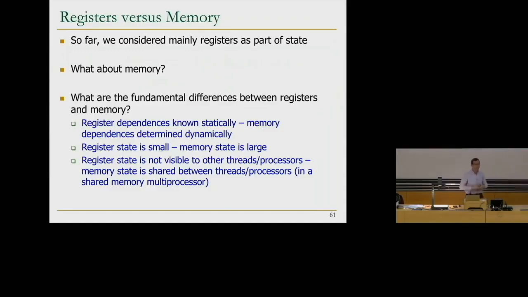And this could cause headaches if you update memory state in an out-of-order manner. But we don't want to update memory state out of order anyway. We're not going to tackle this one, but it is another difference between registers and memory. So the first two problems are going to cause us headaches with out-of-order execution. The last one we can perhaps handle. There are some issues over there, but you really need to take the advanced architecture class to understand them. And those are also hairy issues, by the way.